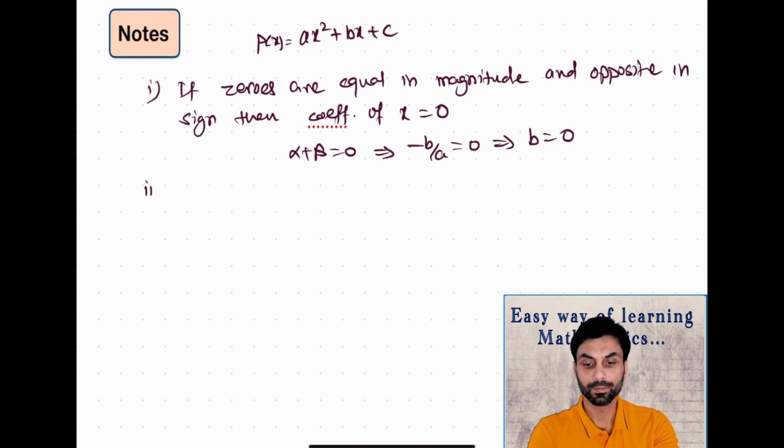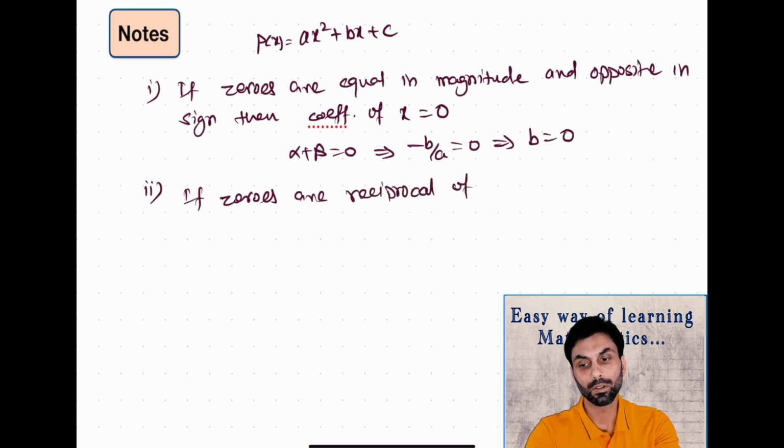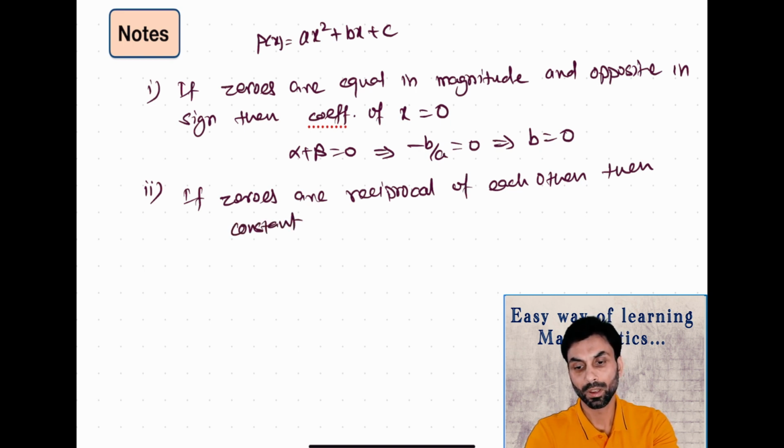Second point, if zeros are reciprocal of each other, then the constant term will be equal to the coefficient of x square.